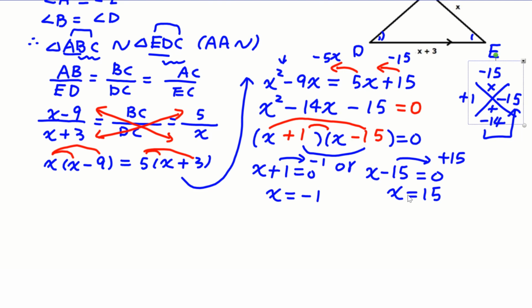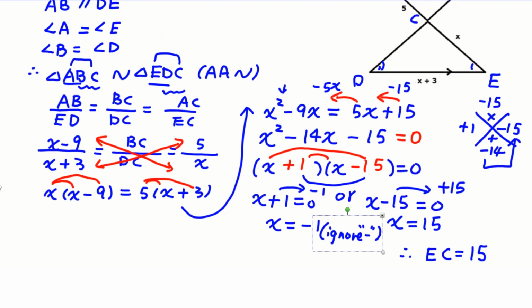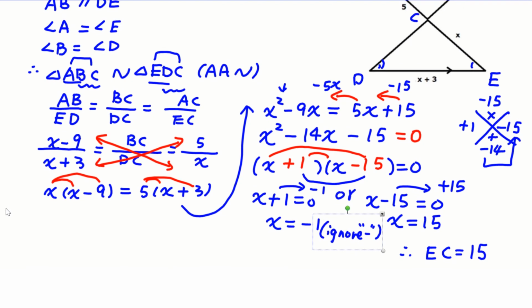Because we are looking for a side, the length couldn't be negative, so we ignore the negative. The measurable quantity should be positive. So therefore, the side EC is 15. Then this question is done. And from here, you will see it's not always the case that similar triangles give you a linear equation.